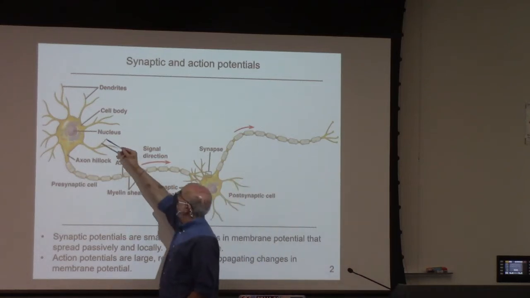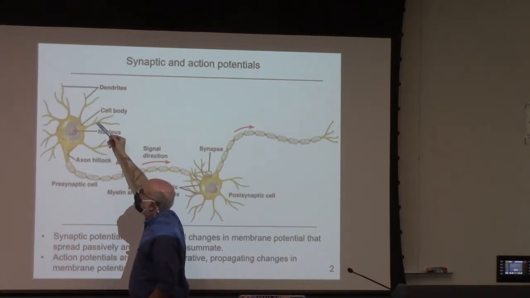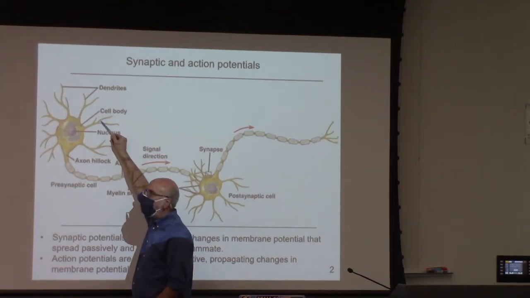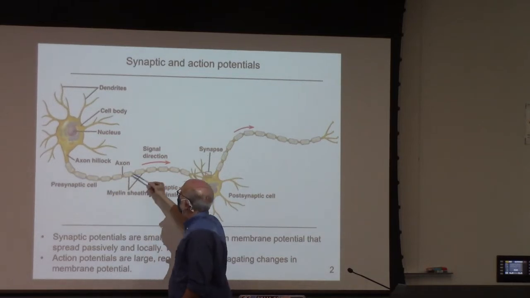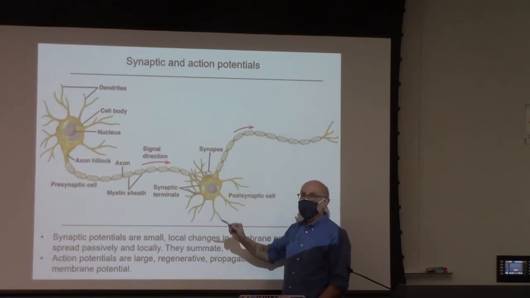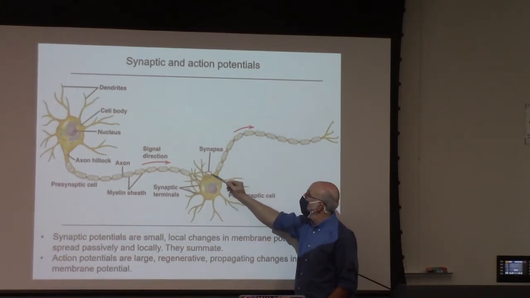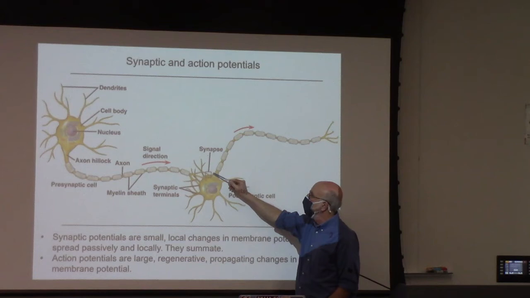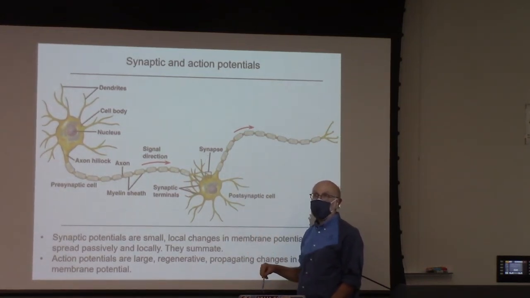So, cellular anatomy: dendrites, where receptors are bringing information into the neuron, thousands of them per cell. Soma, axon, myelin, synapse, the connection between one cell and the next cell. And so the synapse can either be excitatory or inhibitory.